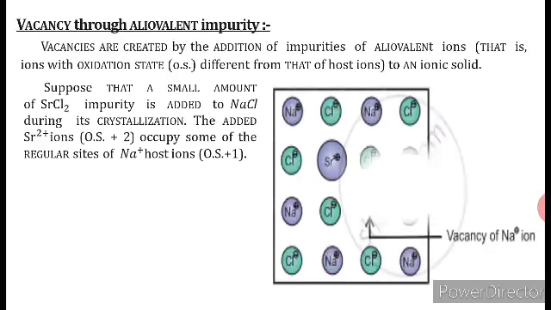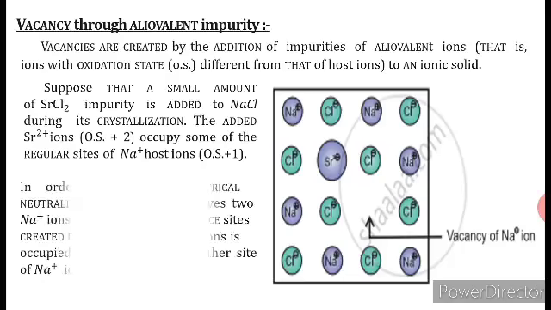From the diagram it will be more clear. See here, the strontium cation has occupied the place of one sodium ion while another sodium ion's place remains vacant to maintain electrical neutrality.